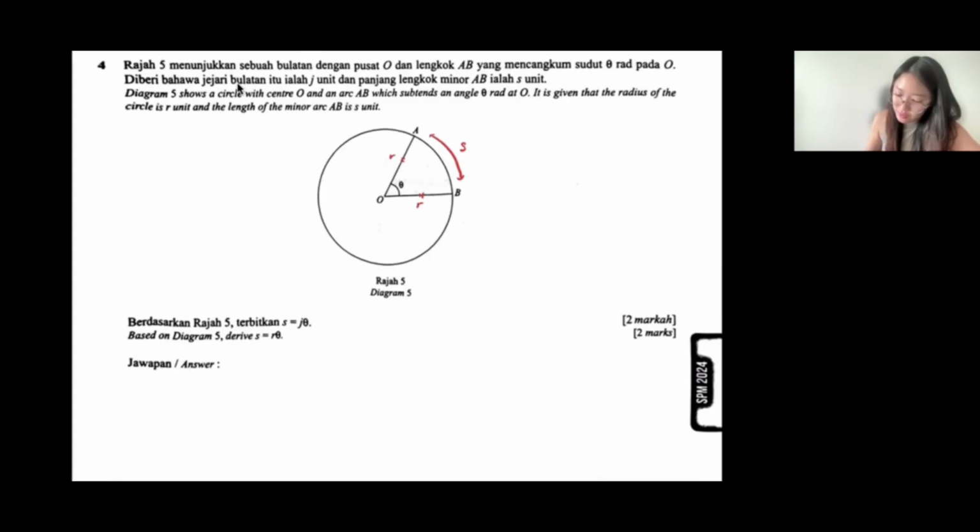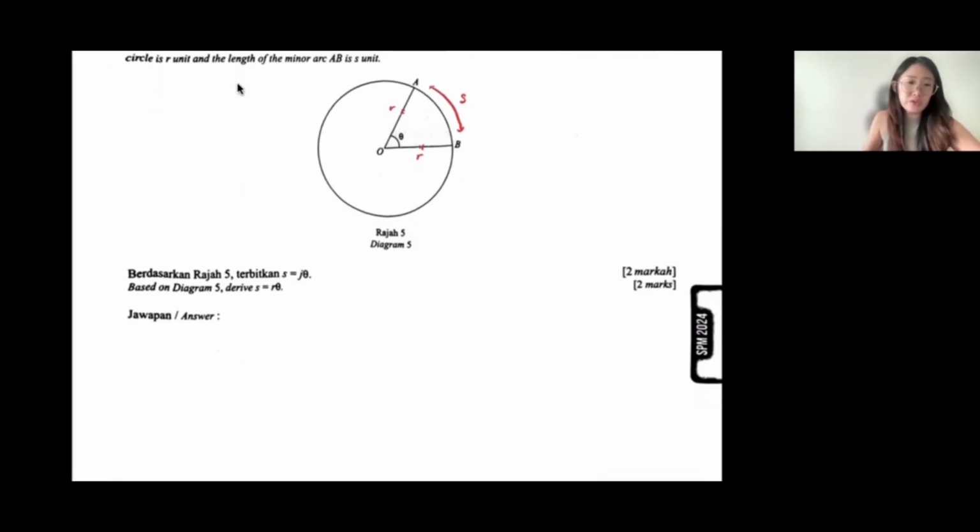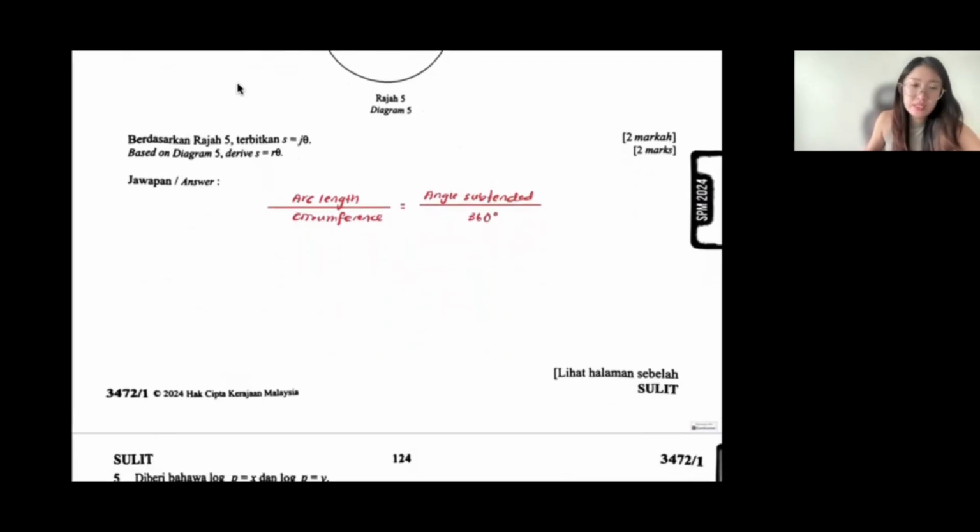Okay, so guys, deriving this one is actually very easy. So you see, what we want to find is arc length. All right, arc length is a part of the circumference of the circle, right? And it is actually proportional to the angle that you subtend. So angle subtended divided by one whole turn, we have 360 degrees. Then we are going to insert the unknowns that they want us to do. Arc length is s.